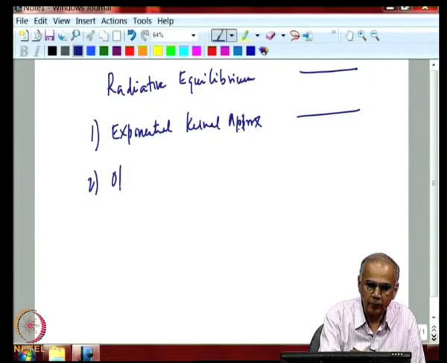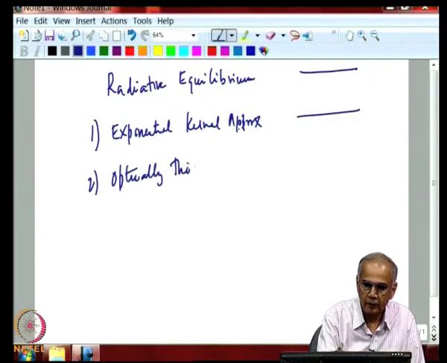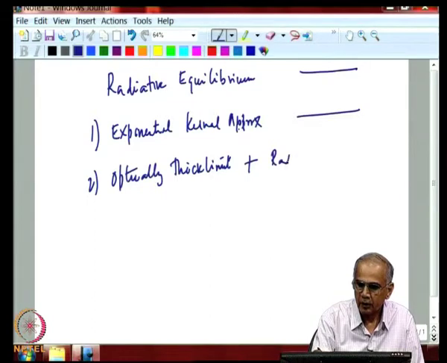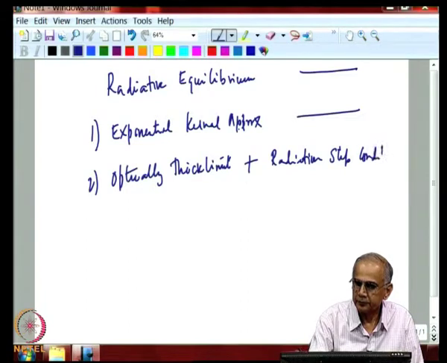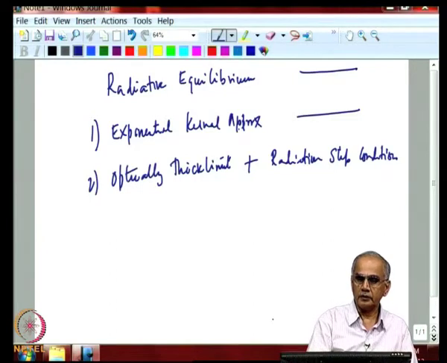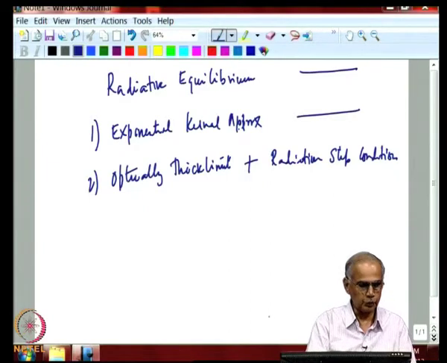Then we looked at the optically thick limit, and along with that we applied the radiation slip conditions, and again we obtained results which are consistent with the kernel approximation and the accurate numerical solution.